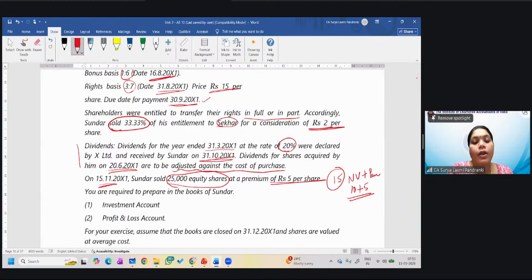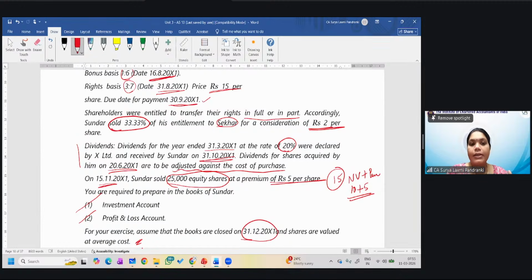Okay. You are required to prepare investment account and P&L account also. For your exercise, assume that the books are closed on 31st December 2011 and shares are valued at average cost. Okay. So in this question, it is like a mixed question where you have balancing figure already there existing.